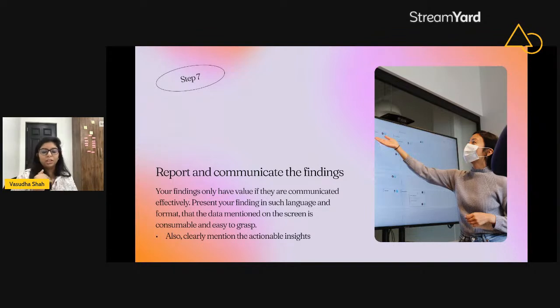So make actionable insights in a way that the designers can easily understand what exactly needs to be done in order to have a huge impact for the product to succeed, right? Just make sure that you're writing those actionable insights and giving your stakeholders some solid things to focus on.